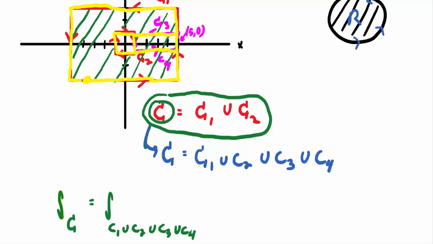But when these curves are disjoint, and we don't count the overlap here because they are oriented differently, and we are calling them different curves, integrating over this union of curves is the same as integrating over each curve individually and summing.